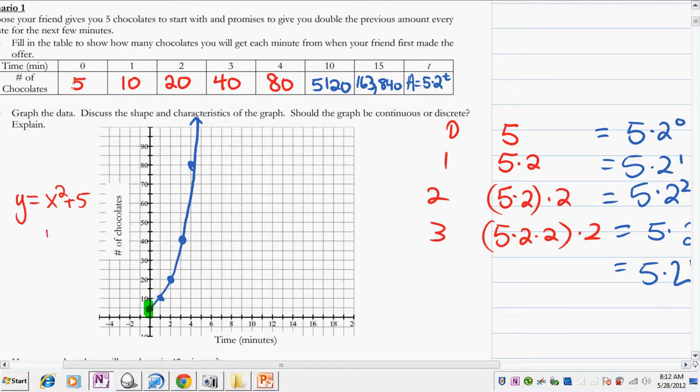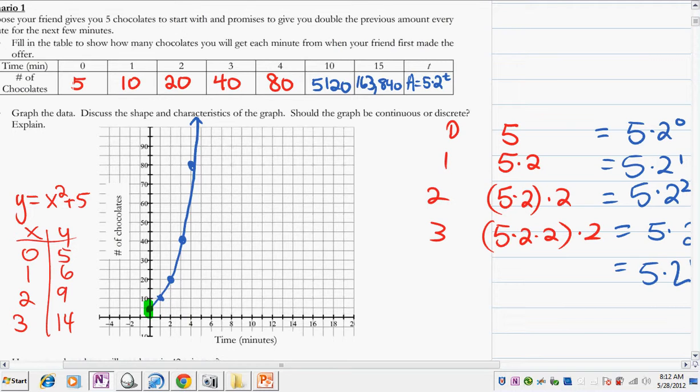If I were to just create a table of values, x, y, at 0, I'd be at 5. At 1, 1 squared is 1 plus 5 is 6. At 2, I'd be at 9. At 3, I'd be at 14. So let's plot those points.